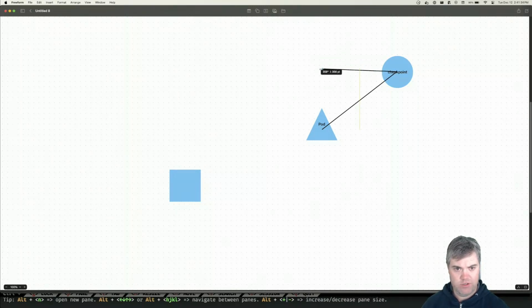I'll be able to figure out this angle, because if I go straight up until it's at the same y, I can figure out what this is.